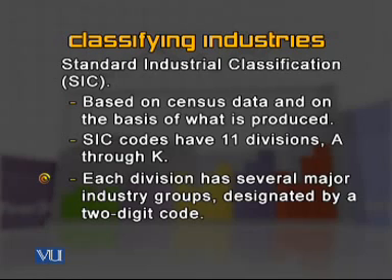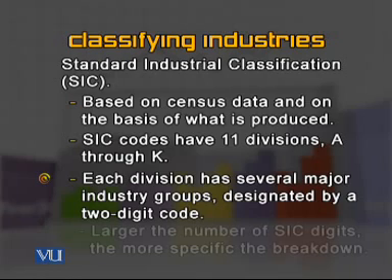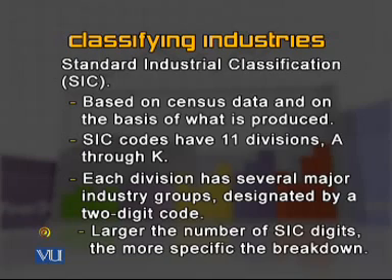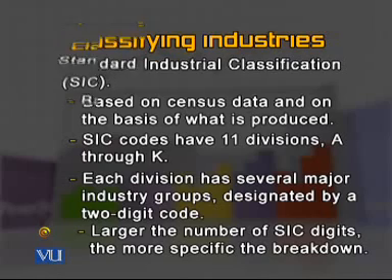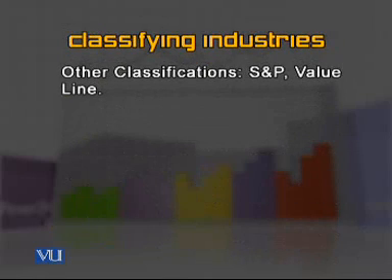These are designated by 2-digit codes. The larger the number of these digit codes, the more specific the breakdown of the industry classification. We do have other classifications as well, the S&P and the Value Line. But once again, these classifications tend to be dicey.